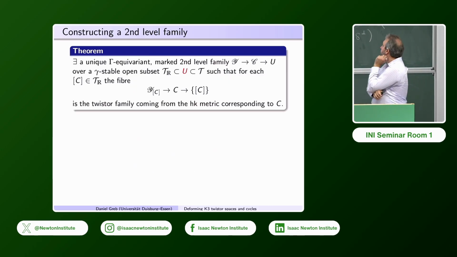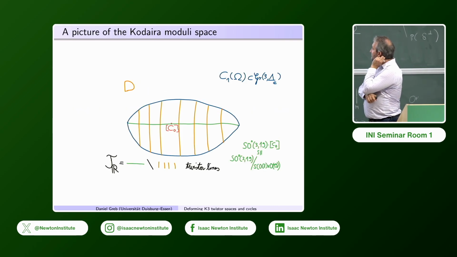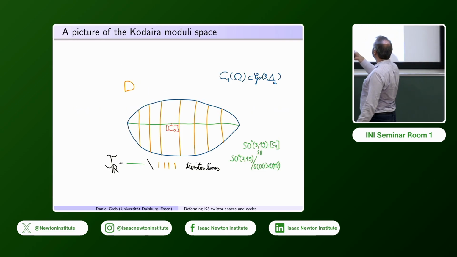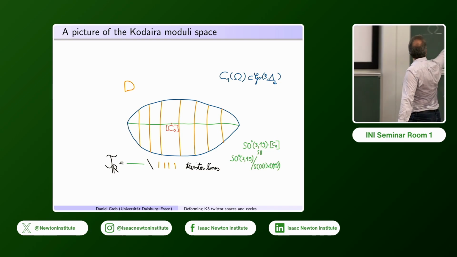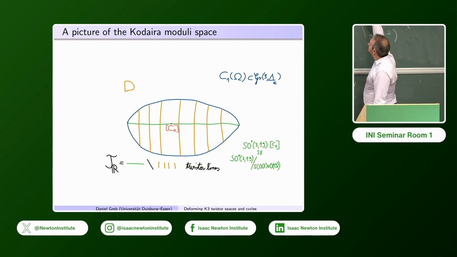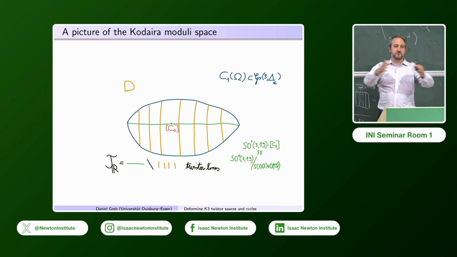However, that's a new result proven by us, that you cannot just say that if I fix a point here, there is a twistor family over the corresponding P1 in the period domain, but you can do this simultaneously along the whole green thing, and not just along the whole green thing, you can move a little bit in the complex direction.